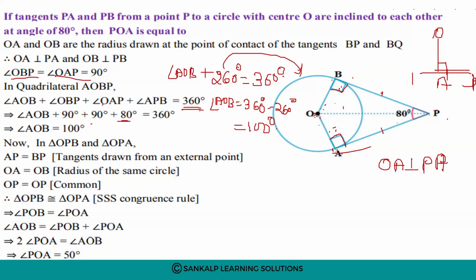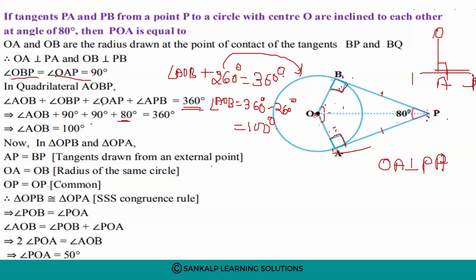Now angle POB is equal to angle POA, because when these two triangles are congruent, these two angles are also equal. Now angle AOB means POB plus POA, right?